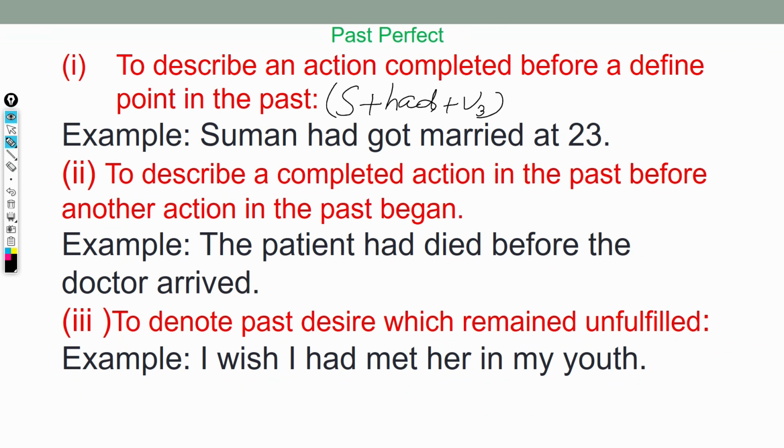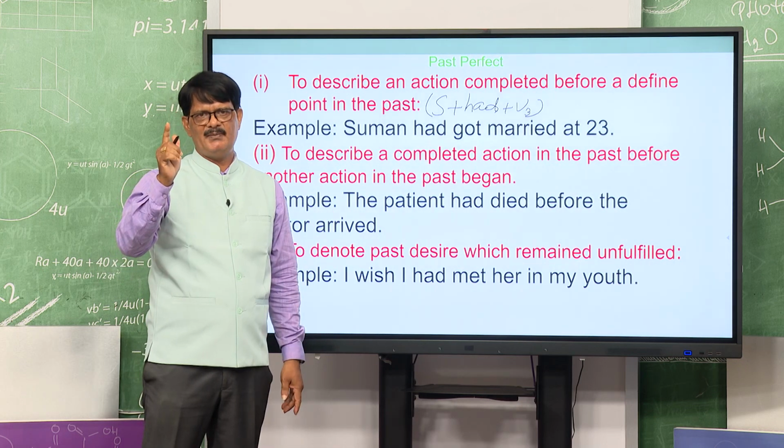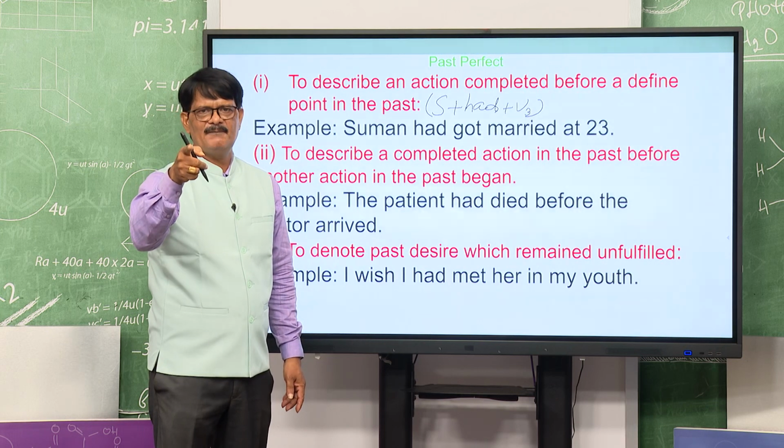Next rule is to describe a complete action in the past before another action in the past. This is also an interesting one, we will discuss it very nicely. That means one is the longer action, another is the shorter action. One is the earlier past, and another is the recent past.